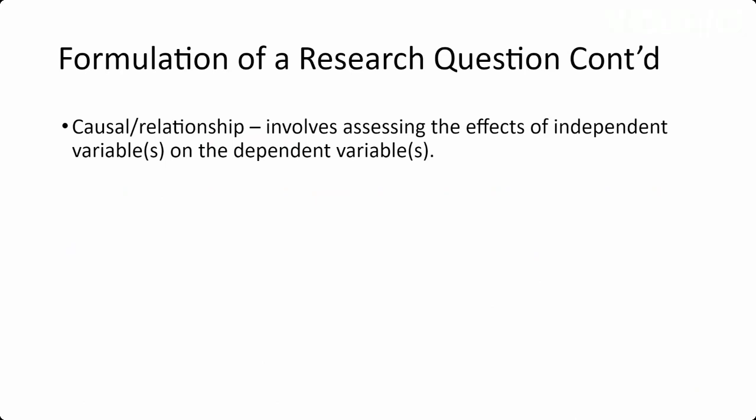I come to causal, and we are still on types of research question. There is the causal or relationship question, which involves assessing the effects of an independent variable on a dependent variable. This is actually a very common type of research question in academic research. If you are doing your dissertation or your thesis, it's very common. It's not basic, it involves analyzing.